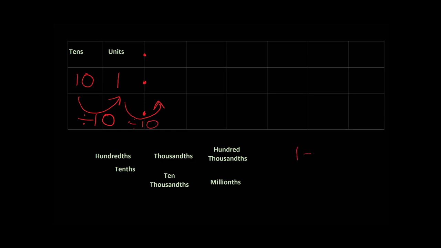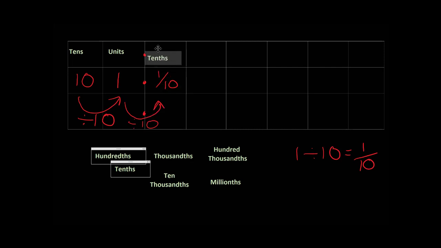So 1 divided by 10, its simplest way is 1 over 10, and that is called tenths. So let me just move that label up there. Really important to note that the decimal point always stays between the units and the tenths.